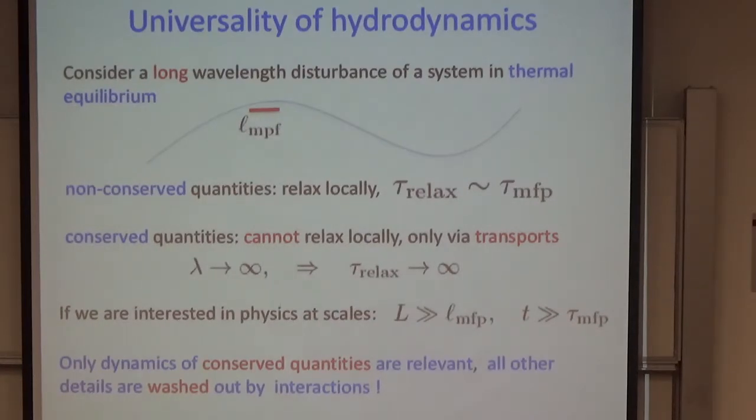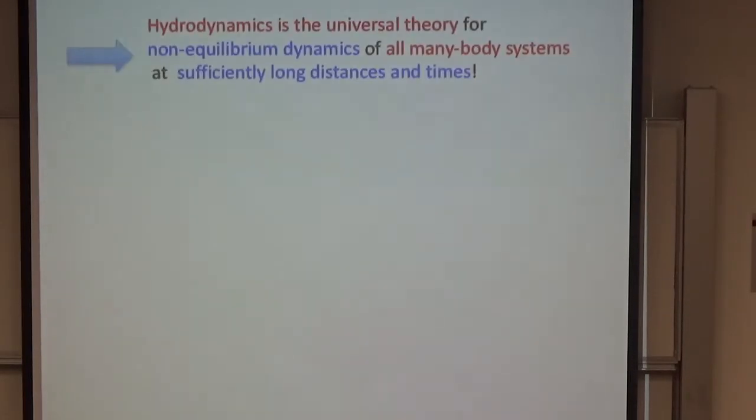Okay, and so this tells you that hydrodynamics, and remember at the beginning we said hydrodynamics is precisely the physics of the conserved quantities. Hydrodynamics is the description of the energy momentum conservation and the particle number conservation.